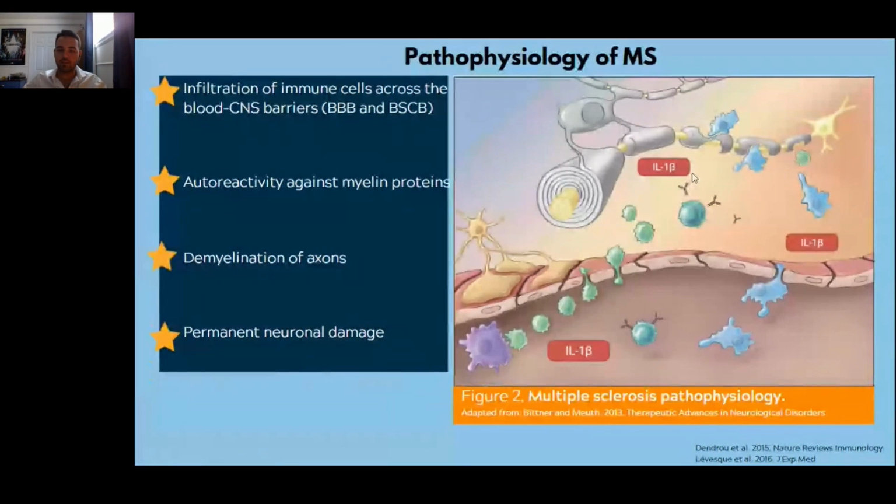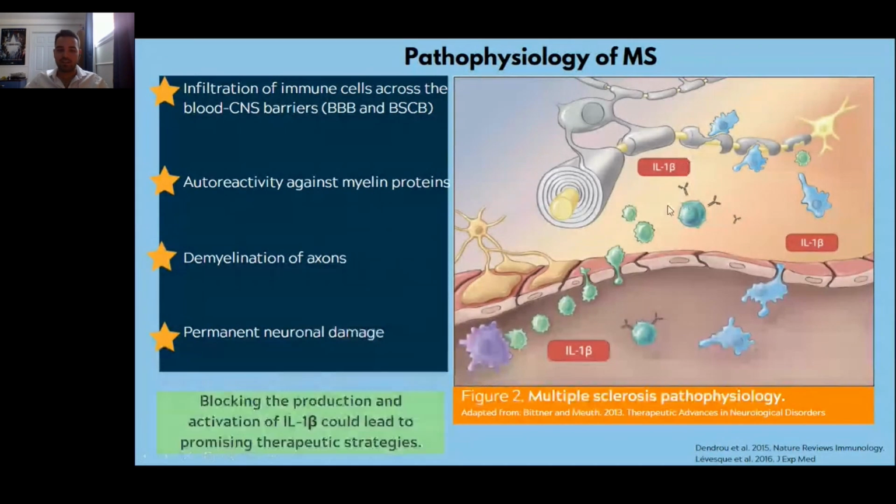We also see here that interleukin 1 beta is involved in multiple steps of this process. Moreover, our laboratory has shown that without IL-1 beta, mice cannot develop the disease. Thus, it is very interesting to understand how this IL-1 beta is produced during MS in order to block its production.